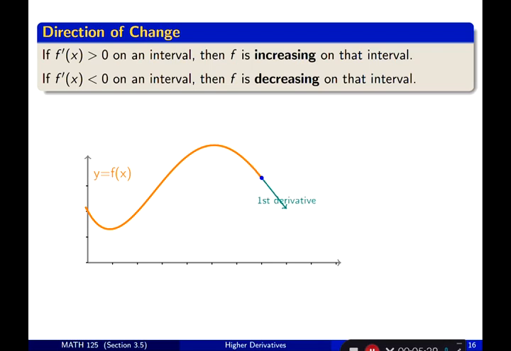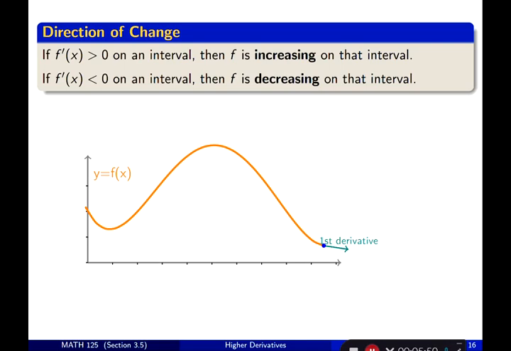And then again at some point it starts increasing, and it becomes less and less negative, and it goes upward. So concavity relates to the derivative of the first derivative.